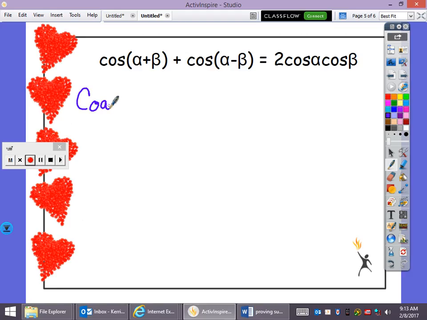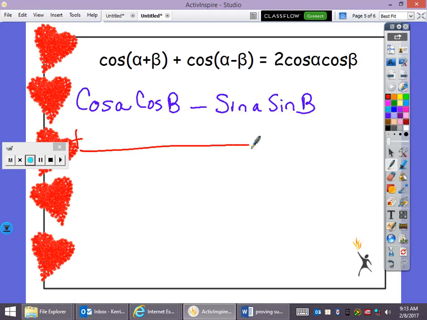Cosine, hold on, I messed up already. Cosine alpha, cosine beta, minus sine alpha sine beta. Again, I like to do like systems of equations and combining like terms. I'm going to write it below. Cosine alpha, cosine beta, plus sine alpha, sine beta.